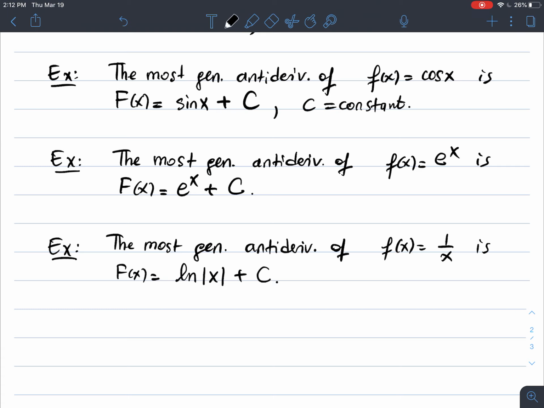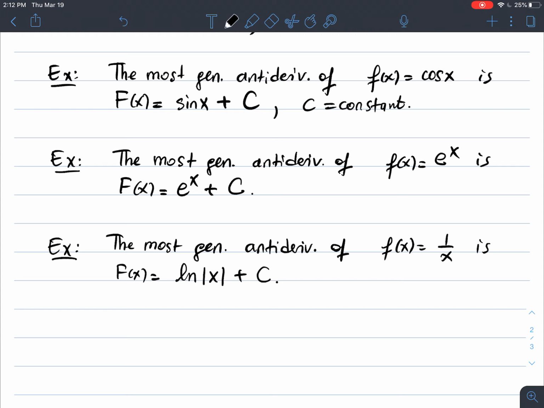This absolute value here is very important, okay? Because if you don't put the absolute value around x, then you're assuming that x is positive, but in the function f of x equals 1 over x, x is not necessarily positive. All right.